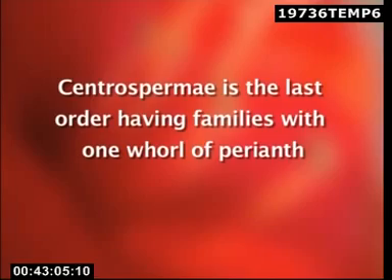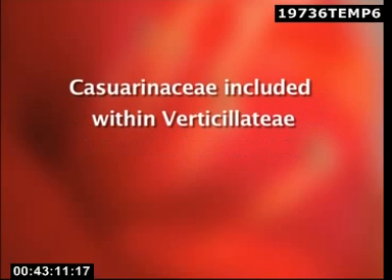These families with aments of wind-pollinated flowers are referred to as a homogeneous group called Amentiferae. The Achlamydous families are followed by the Monochlamydous ones. The Centrospermae is the last order having families with one whorl of perianth. The Casuarinaceae included within Verticillatae is considered to be primitive on account of chalazogamy.